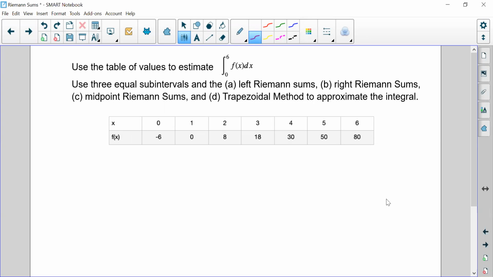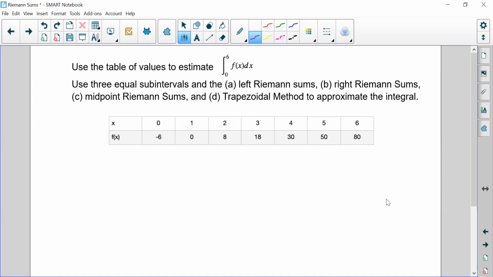Sometimes you can find it out or estimate it using regression. But a lot of times in real life, you're not going to know the function value, so you have to use a table. So that's what we're going to talk about now, is how to figure out the left-Riemann sum, the right-Riemann sum, the midpoint, and the trapezoidal method using a table of values.